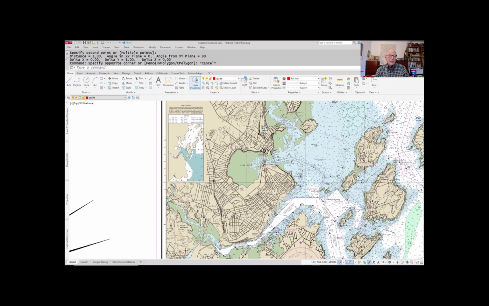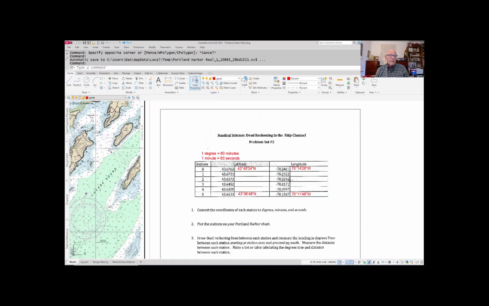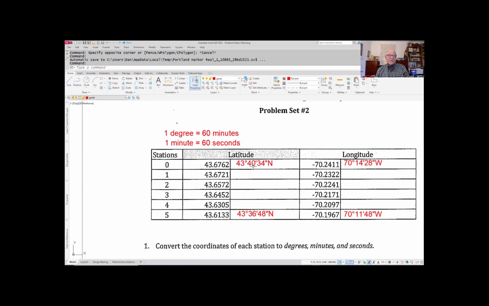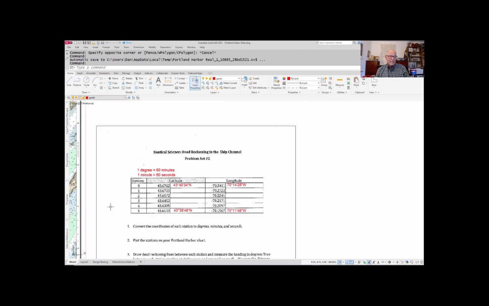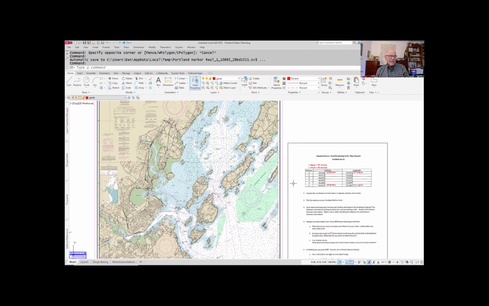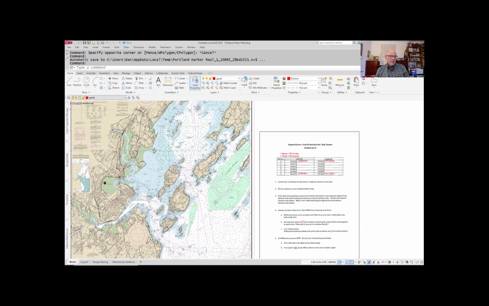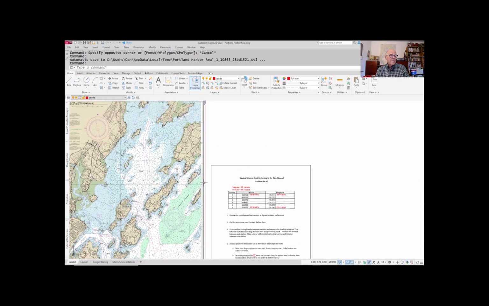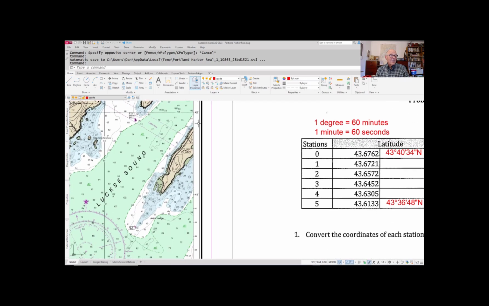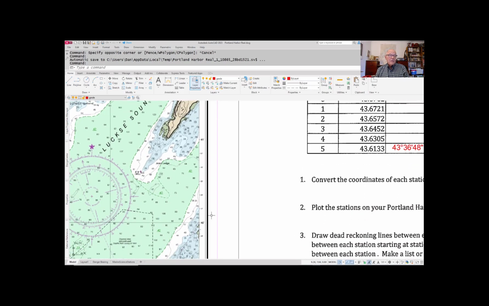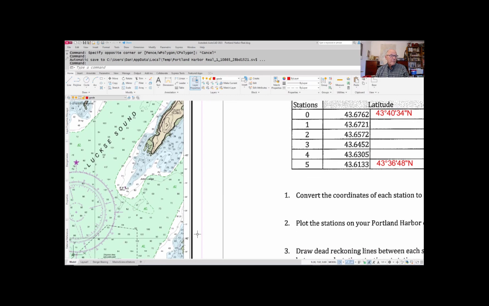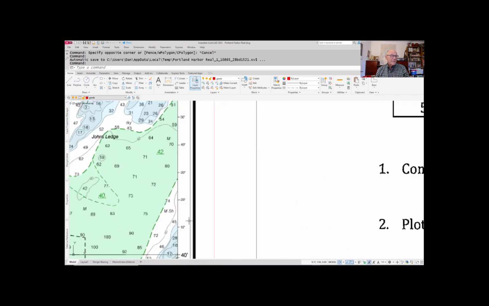Now, if we take a look over here, we're looking for 43 degrees, 40 minutes, 34 seconds. What we need to do is find that on the chart. Let's do it over here. Notice on this side, you've also got the same thing. So we're looking for 40 minutes, which is right here, and beyond 40 minutes, 34 seconds.